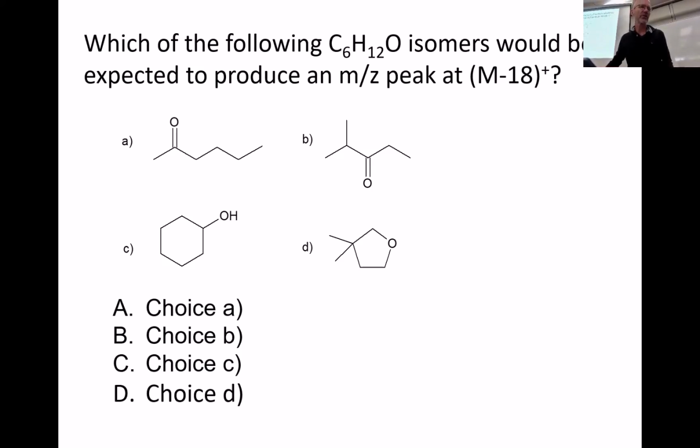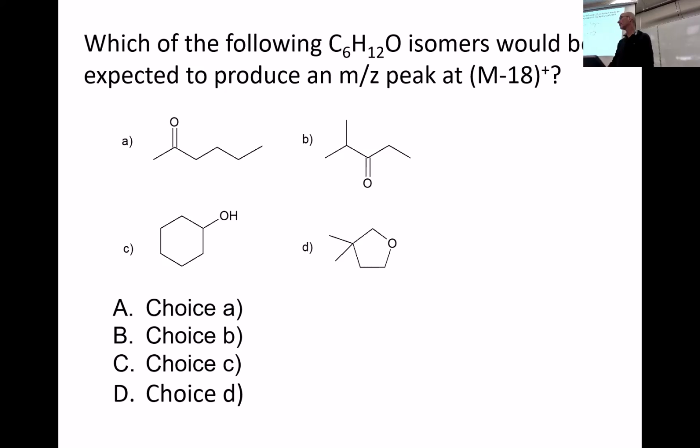All right, so let's open up the poll. And this is an obvious question. That's great, but try to put yourself in the context of maybe 5 days from now. Are you going to remember this detail? So you know you have a compound of the molecular formula C6H12O, and you think, well, is it a ketone? Is it an aldehyde? Is there an alcohol?